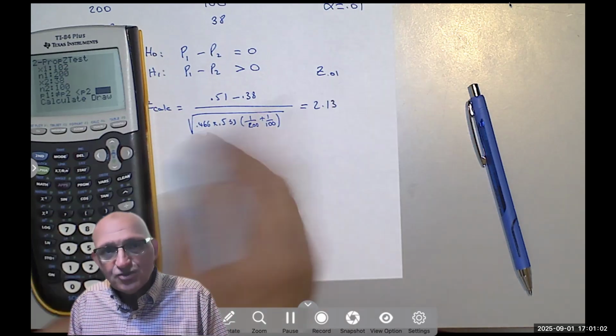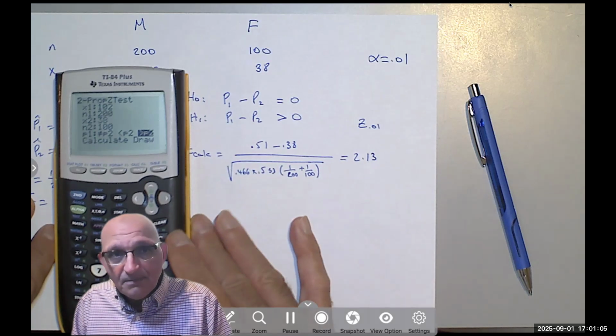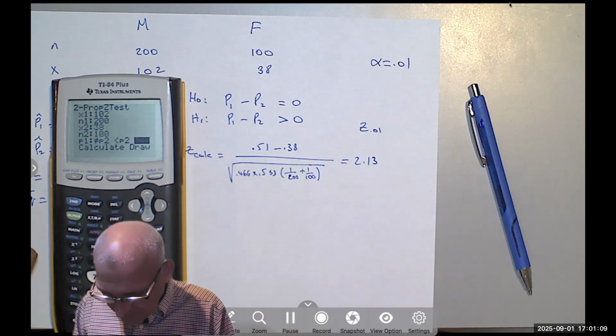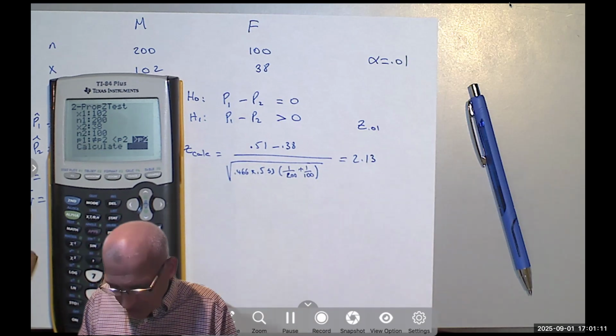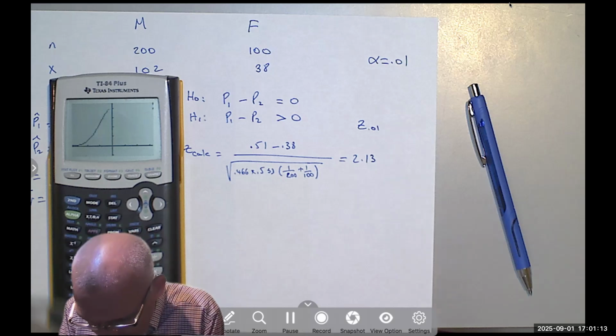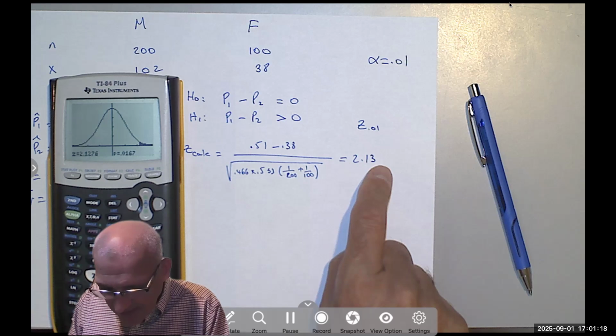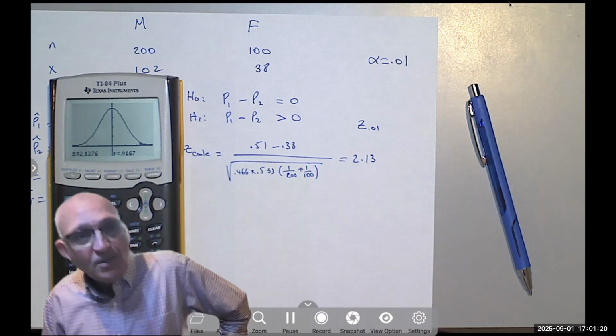P1 is greater than P2, meaning the proportion of males catching cold is higher than the proportion of females catching cold. And let's draw it again like we did last time. 2.127, correct?